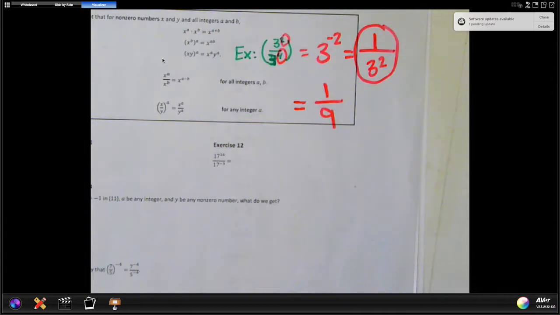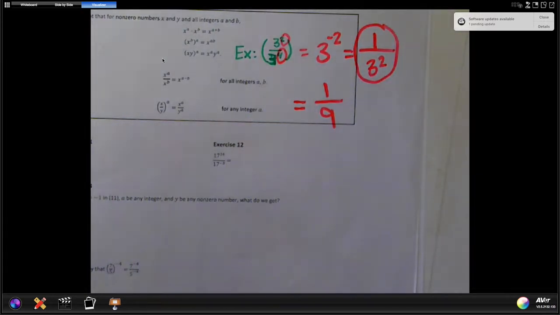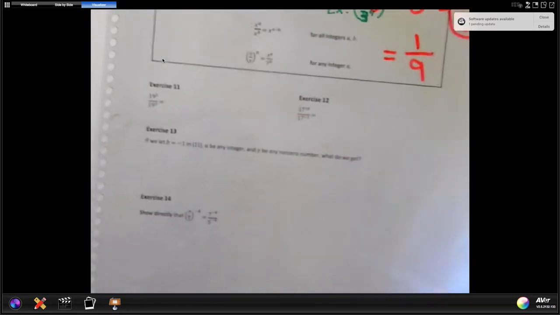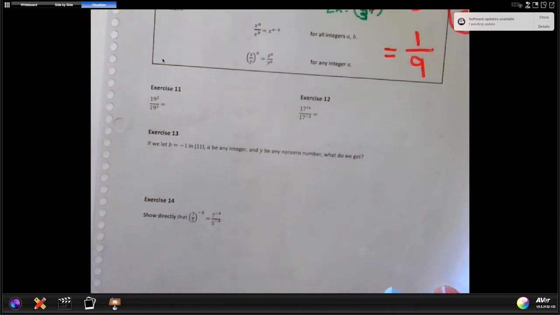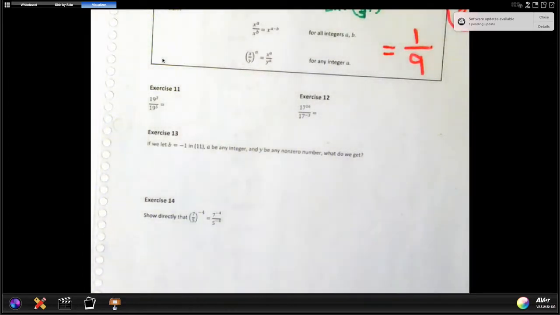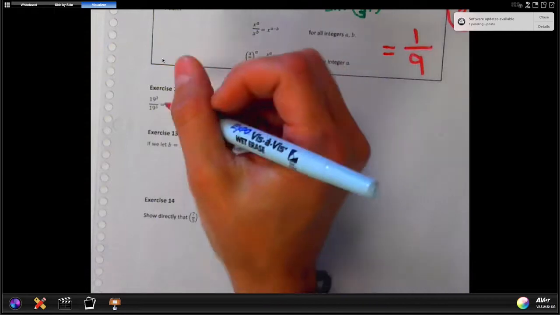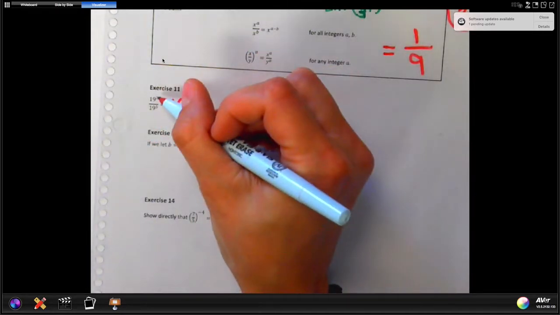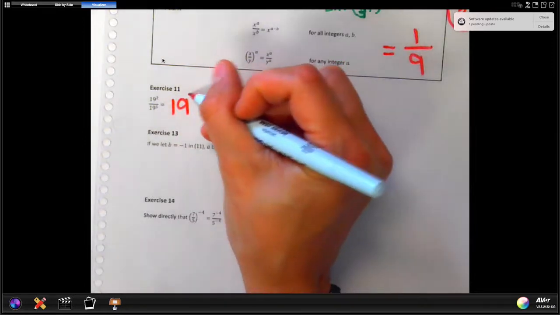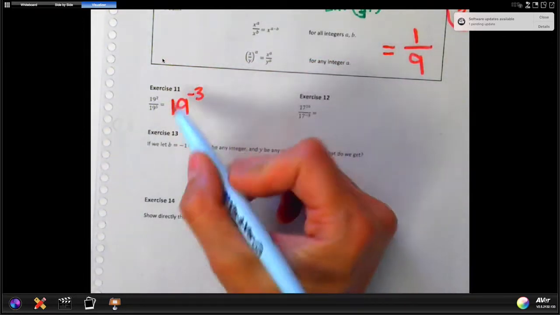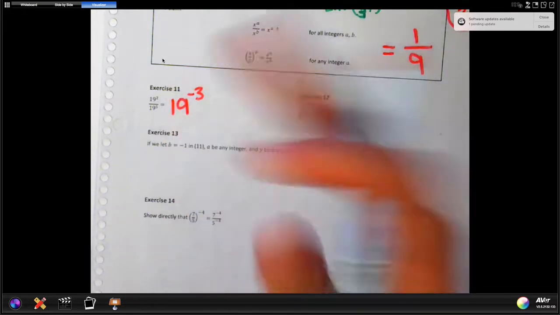So moving to the exercises here, we've got exercise 11 and 12 that I'd love to look at. Exercise 11, let's start there. 11 says 19 to the second power over 19 to the fifth power. So we will keep that base of 19, and we will subtract 2 minus 5 and get negative 3. And now, although that's technically correct, we want to simplify it further.